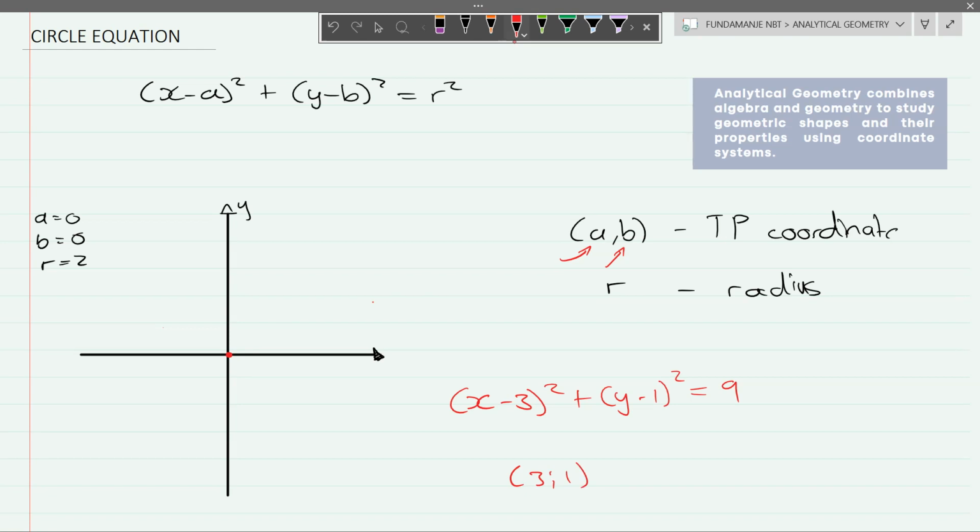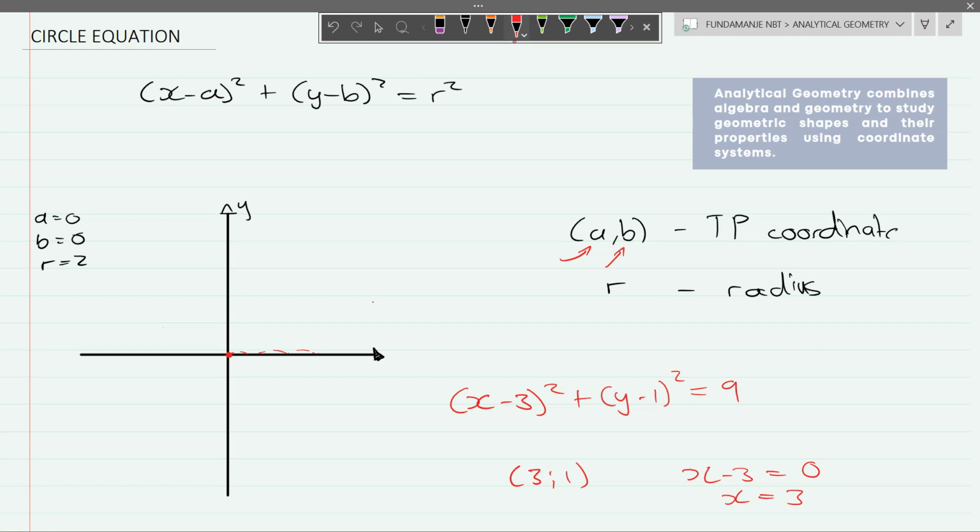I know you might be tempted to say it's at (−3, −1), but that is not the case, because in this case we have to take where x − 3 is equal to 0 to actually find the value of the coordinate itself. So it's been shifted 3 units to the right, so that would be 1, 2, and 3, somewhere here.